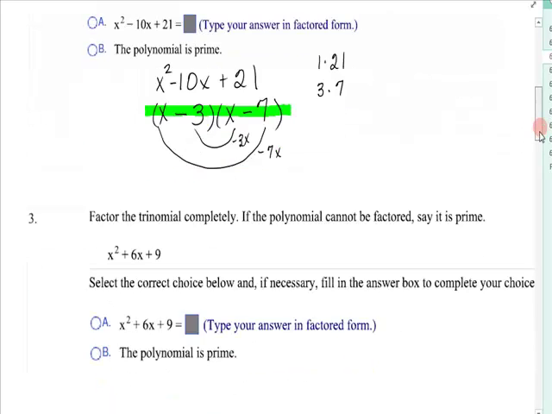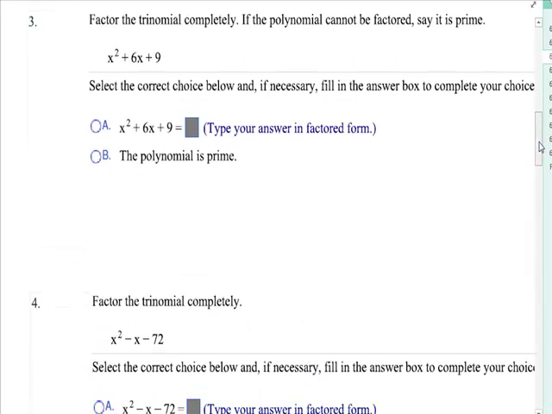All right. Let's look at number 3. Factor this trinomial completely. I have x squared plus 6x plus 9. GCF? No. 3 terms? I'll try trial and error. The last sign is positive. That means plus plus or minus minus.